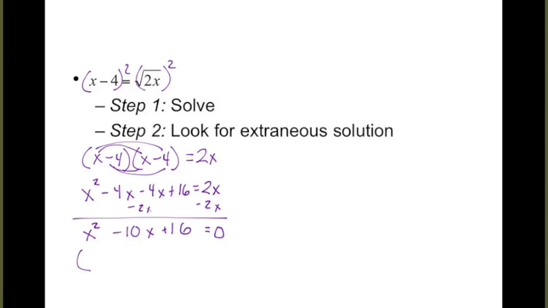So when we factor, we put x's in the front. And in the back, we're looking for what multiplies to make positive 16 that can add to make negative 10. Negative 8 and negative 2.